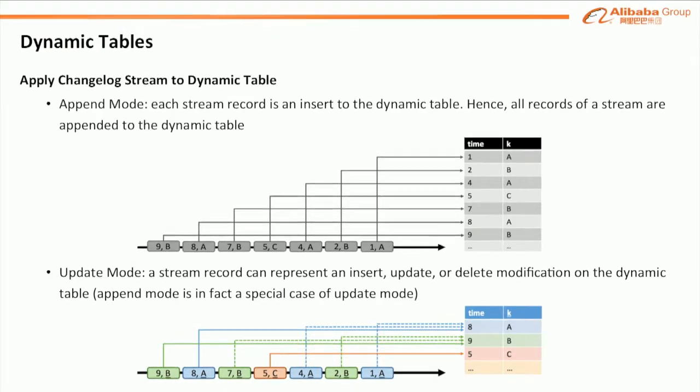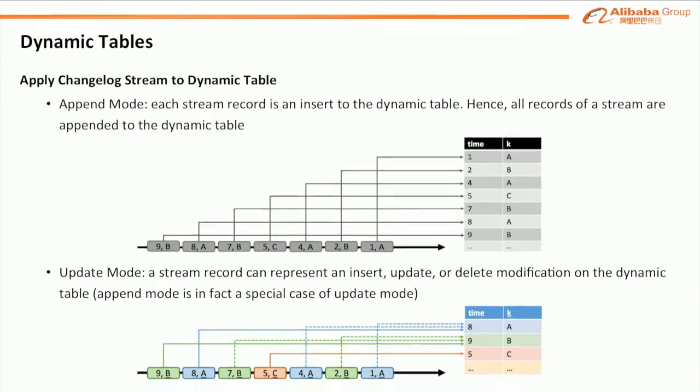But in addition to append mode, we also have an update mode. In this mode, the major difference is the dynamic table conceptually has a primary key. So when we apply the changelog from the stream to the dynamic table, sometimes it results in an insert. Sometimes it can also update an existing record, which becomes an update.